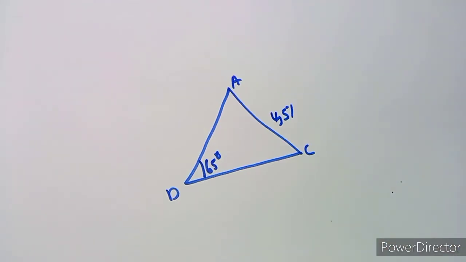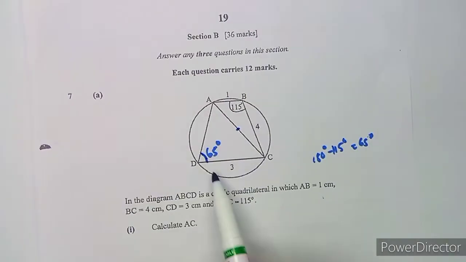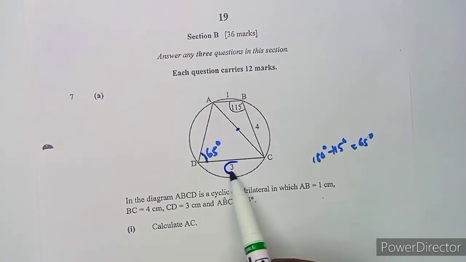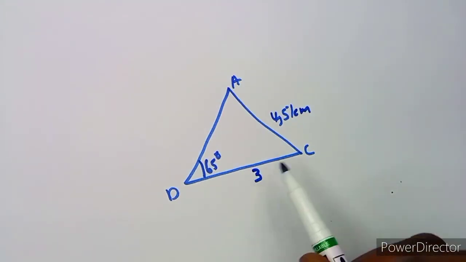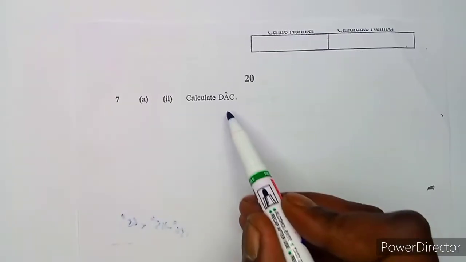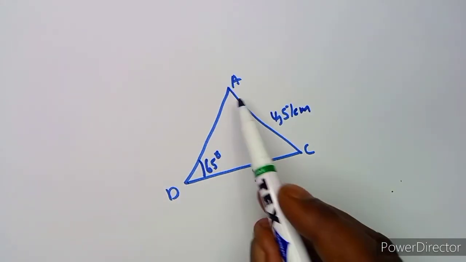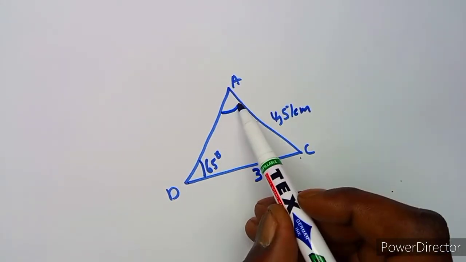So this is the angle that we have, and this side we are given. We have got this side DC, which is 3, and the question is to calculate the angle DAC, this angle here.